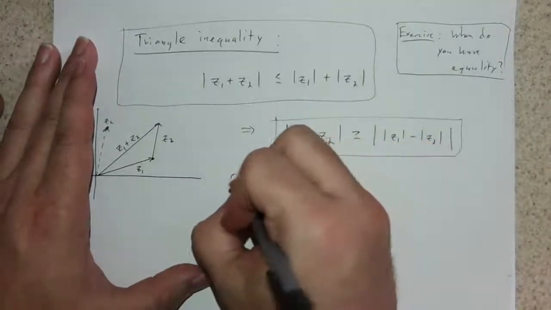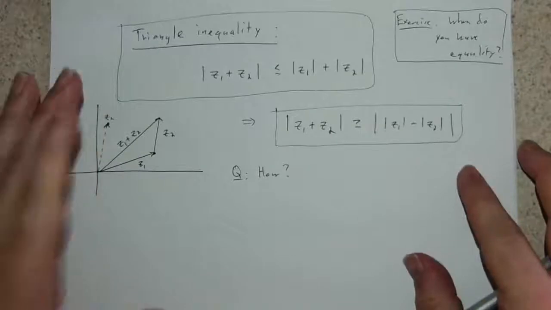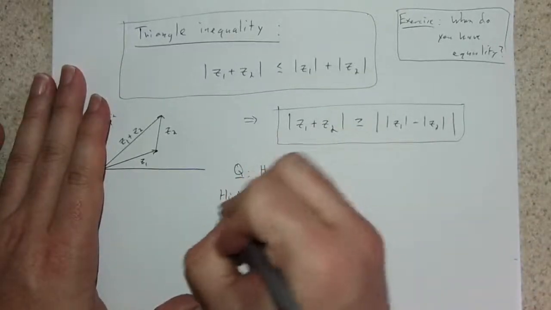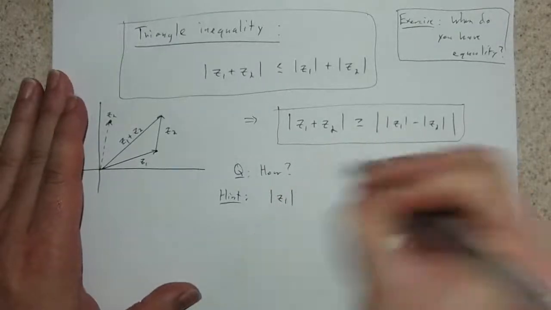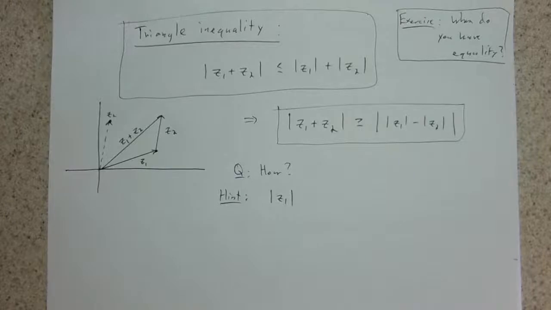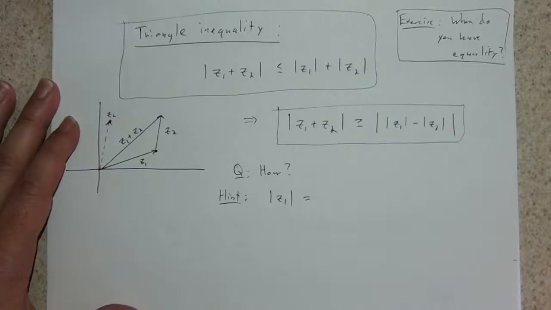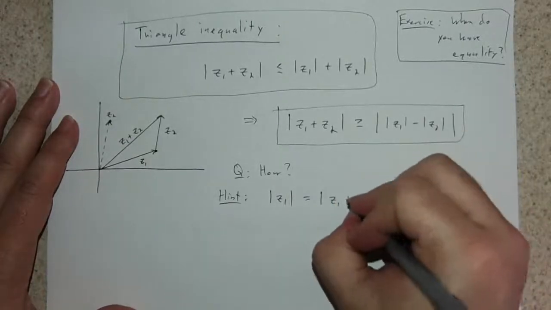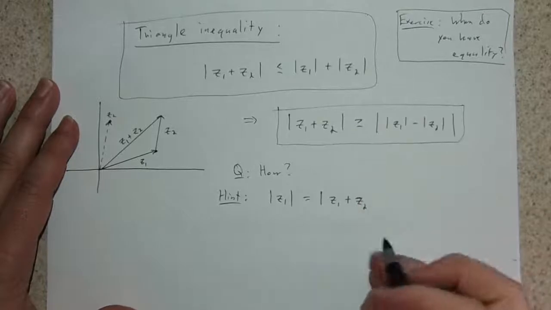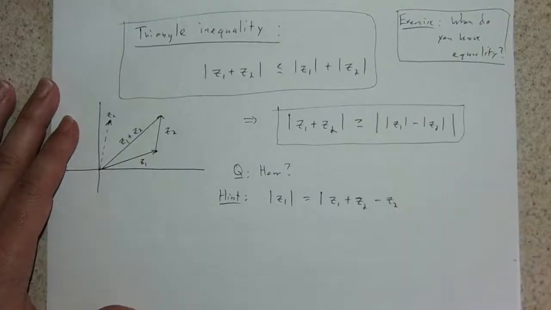How? Here's the hint. I start with z1, and I do a classic algebra trick. You've probably seen this in various contexts before. I add and subtract the same quantity. So I start with z1 here. I take z1, and to z1 I add z2. But if I'm going to have this equality sign here, I had better subtract z2 as well.